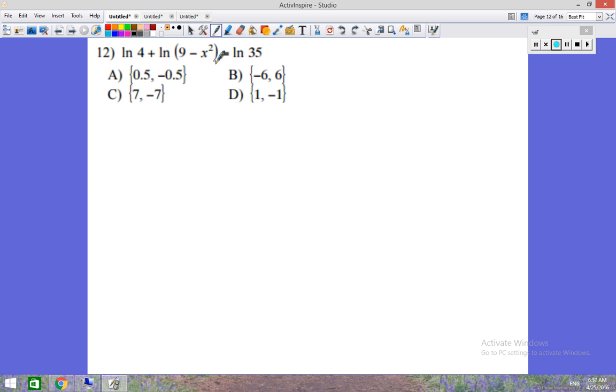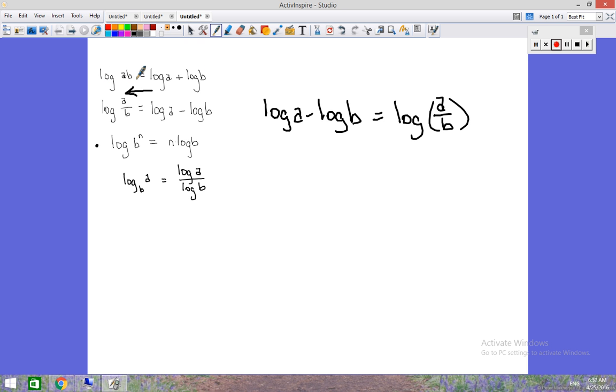We start out in the same way. On the left hand side, we've got two logarithms. We want to use our product rule to write it as a single logarithm. We have the natural log plus another natural log. We want to rewrite that as the natural log of the product a times b.